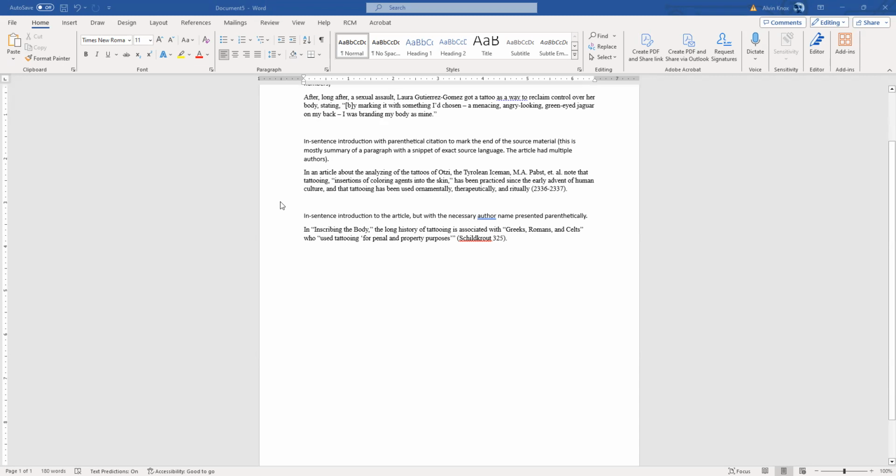All right. So here's another one, an in-sentence introduction with parenthetical citation to mark the end of the source material. This was a paragraph from M.A. Pabst et al., right?